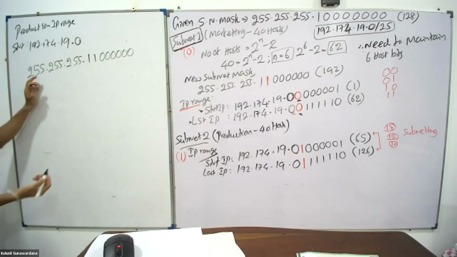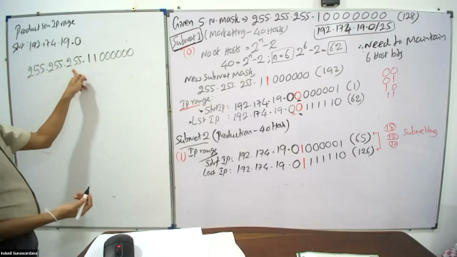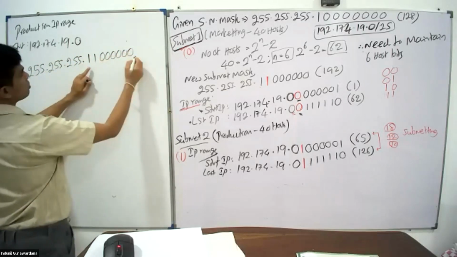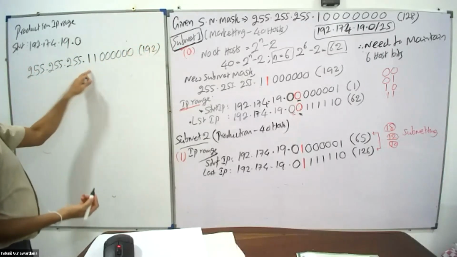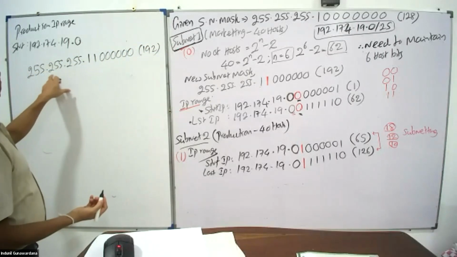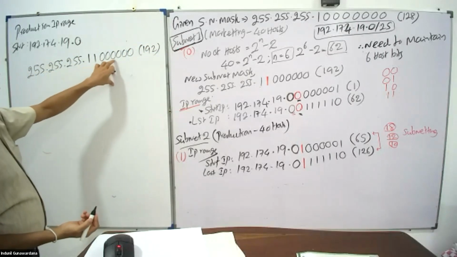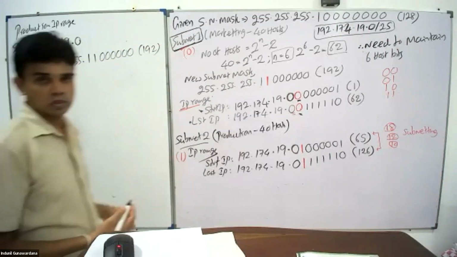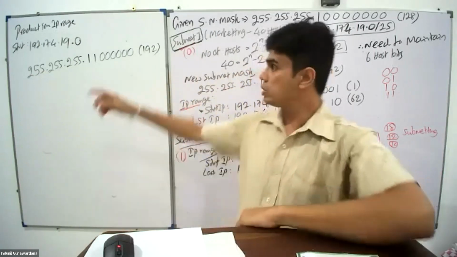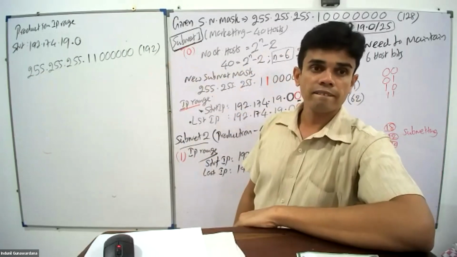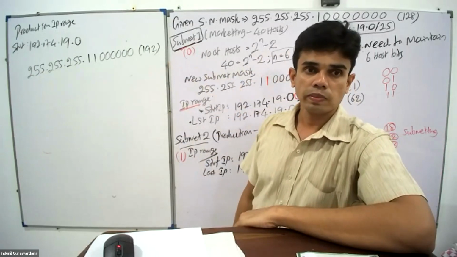This 255, you may write this in binary. That means 192. Subnet mask 255, 1160. That means 192. Right.